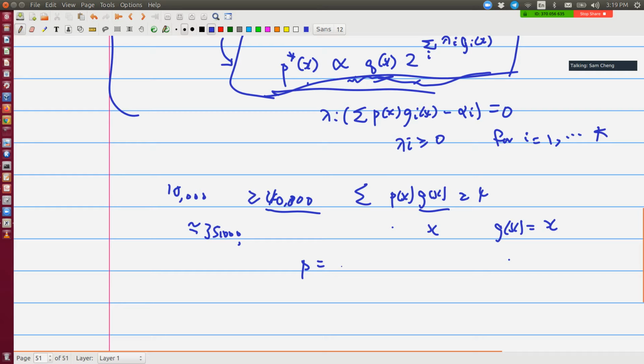Q(x) is uniform, therefore it's just a constant, I don't need to care about that. So it'll be proportional to 2 to the summation. I only have one constraint here, so this sum is just one term. It will be just 2 to x, something of the form 2 to x.